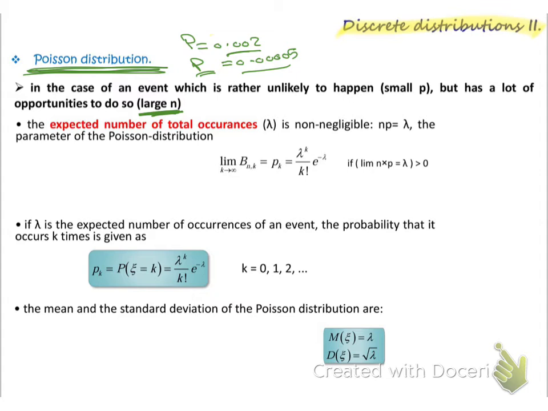Even 100 is a medium count of trials. With a large N and a very small probability, I can use the Poisson distribution.